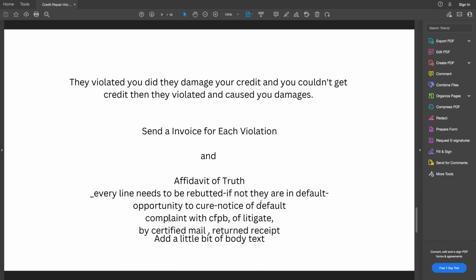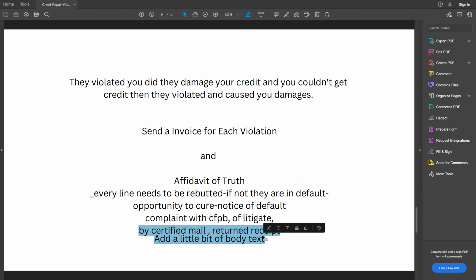And then at this point, you keep copies of all of this. Then you can upload all that to the CFPB, or you can litigate if you want, which means going to court. But hopefully they'll either remove it by then, or they'll stop communicating with you and you won't get any more, and you won't see it on there.